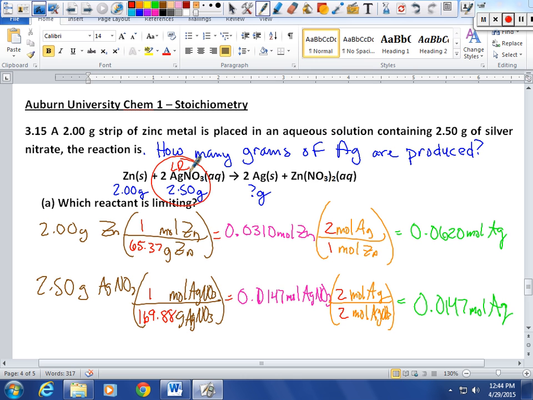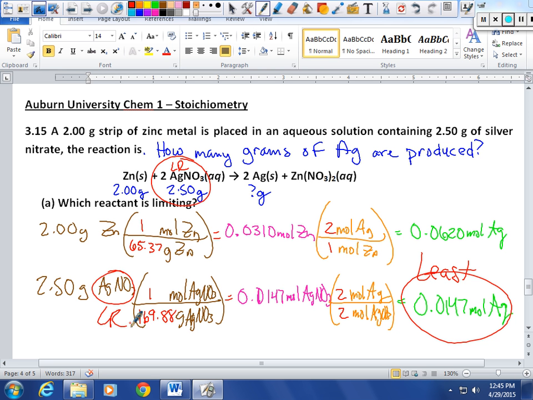Because this number is the least, that means this is the LR. Does that make sense? Why can't we make 0.062 moles? Because you don't have enough of the other one. It's not going to allow you to make that much. So that's what the limiting reactant is.